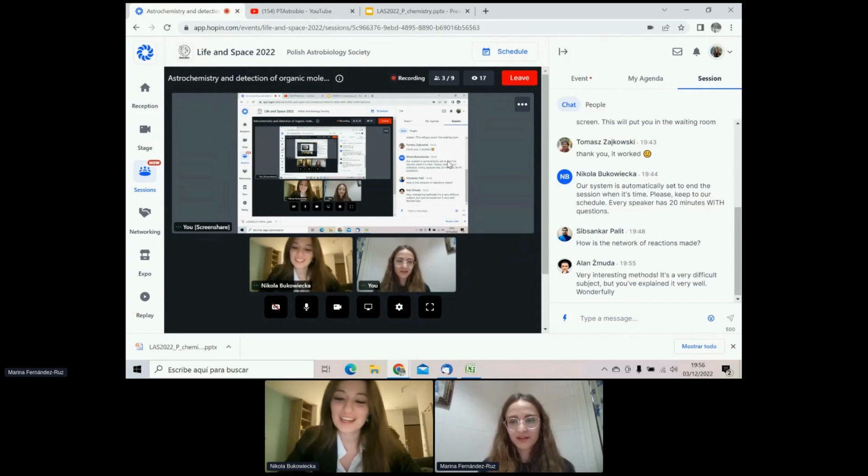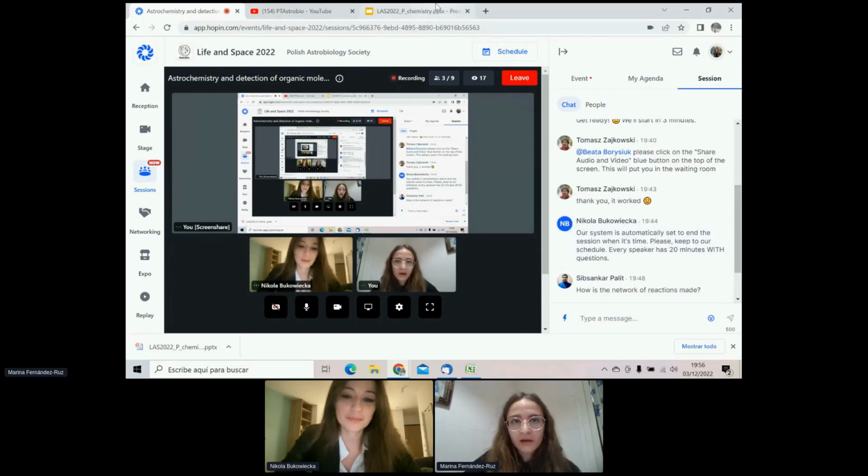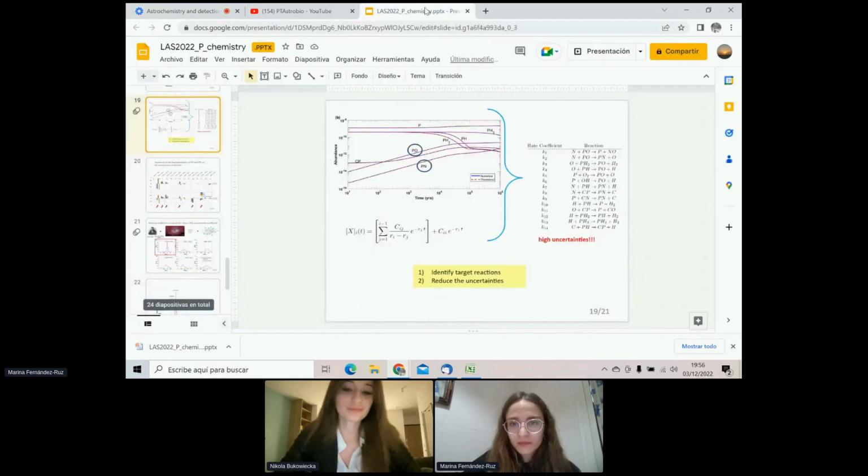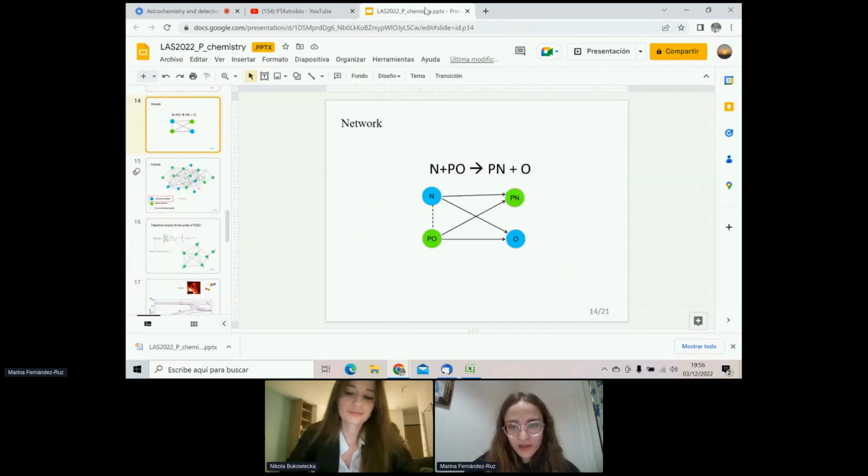We have a question on the chat. How is the network of reactions made? Can you see that question? Yeah. Let me go back to this slide with the example. So here we have just one reaction. The nodes are the chemical species, and we put a directed link, like the arrow, from the reactants to the products.